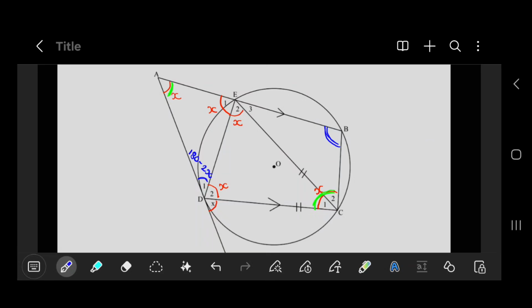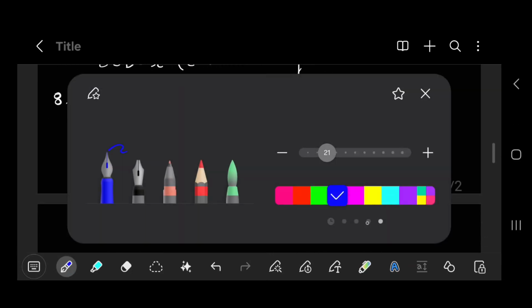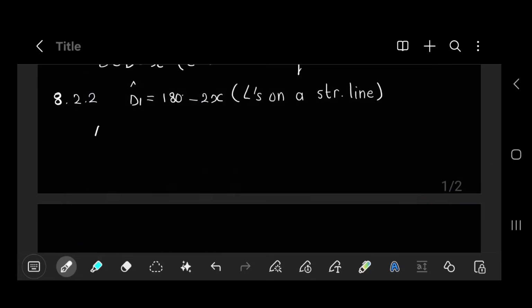Then, collectively, since I know what D1 is, I can get D1 plus D2. I'm going to call that ADC. So let's write this down. Angle ADC is 180 minus 2x plus x. Remember, this is D1, that's D2. Simplifying, I get 180 minus x.